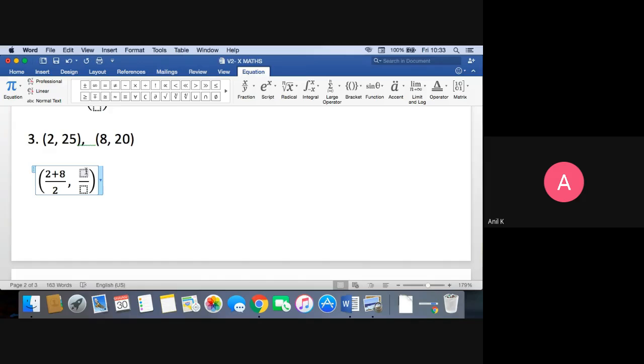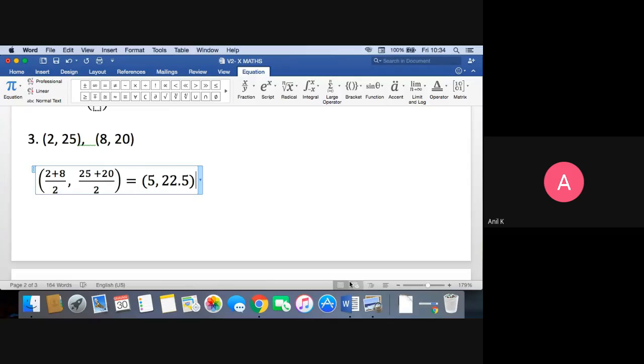Here x1 is 2 and x2 is 8, so x1 plus x2 by 2, comma, y1 is 25 plus y2 is 20 upon 2. Which is equal to 2 plus 8 is 10, 10 by 2 is 5, and here 25 plus 20 is 45 by 2. If you want it in decimals, you will get 22.5.